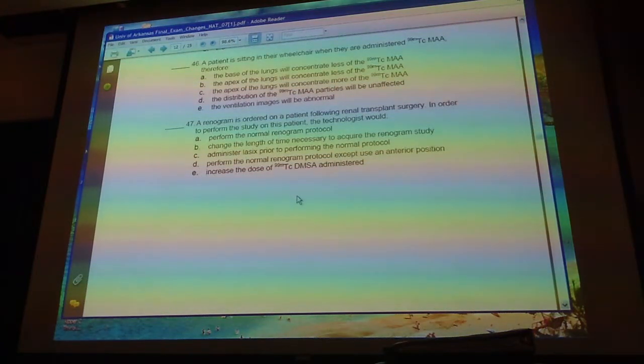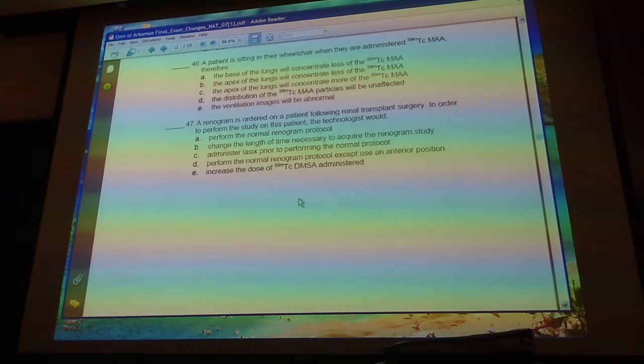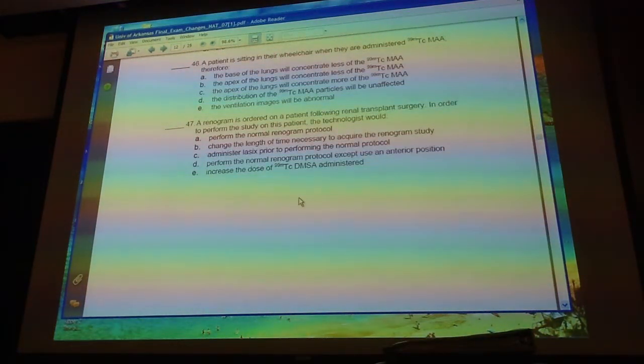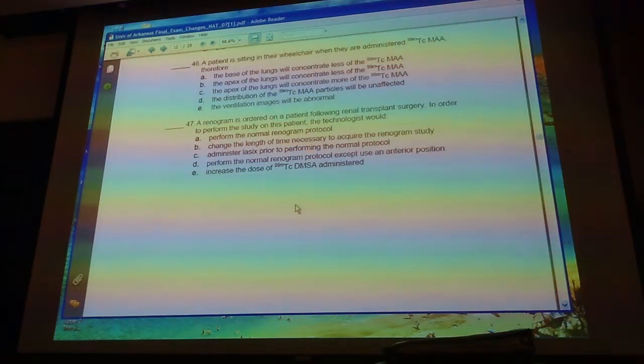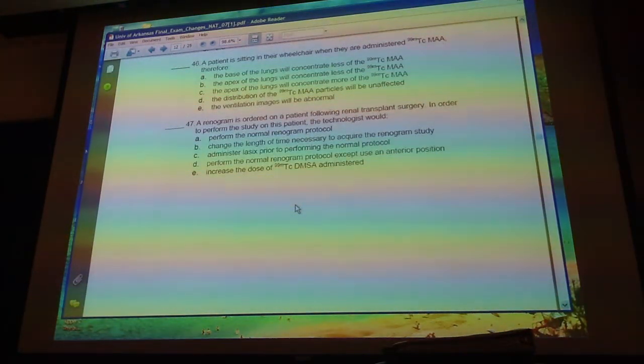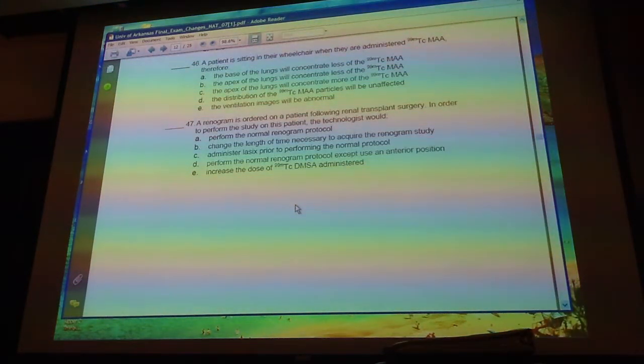Okay, 47. You have a renogram on a transplant patient. To do this study, the technologist would do what? Miss Ashley, what would you do?